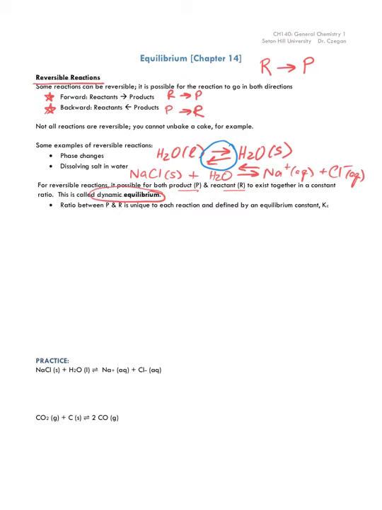We're going to use the concept of dissolving salt to think about this. So if we had a beaker of, let's just say, water. There's our beaker of water, and we added salt to it.